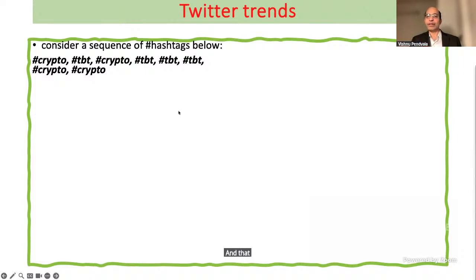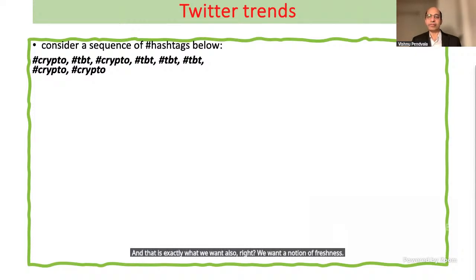And that is exactly what we want also, right? We want a notion of freshness baked into counting. So it's a neat demonstration that not all frequencies are equal, and that way you can take care of spikes and spams also.